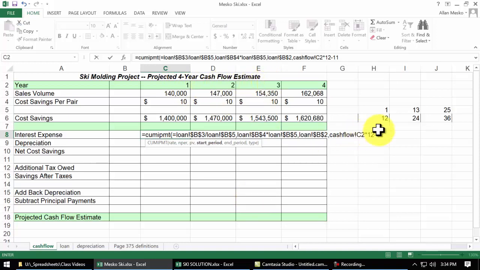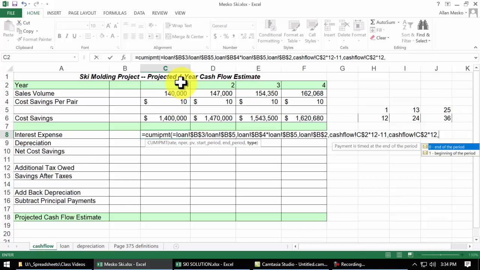So I want it to copy across. I could make that absolute row 2, but it doesn't matter. We're not going to copy it down. Actually, I think I will make it absolute row. That's my start period. My end period is just going to be that thing times 12. And I'm going to pay it at the end of a period, which is a 0.